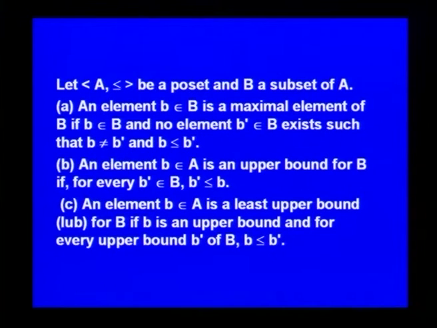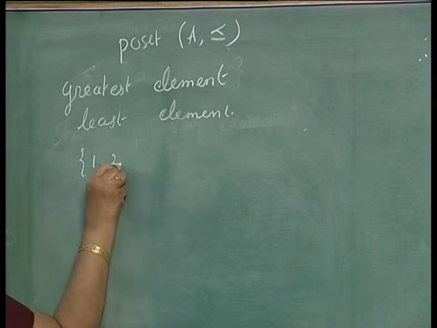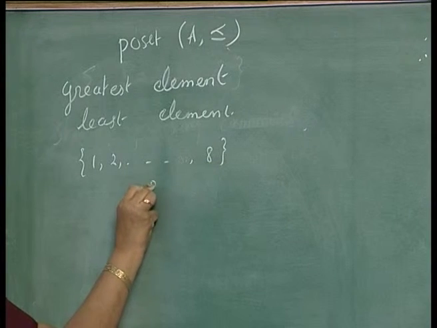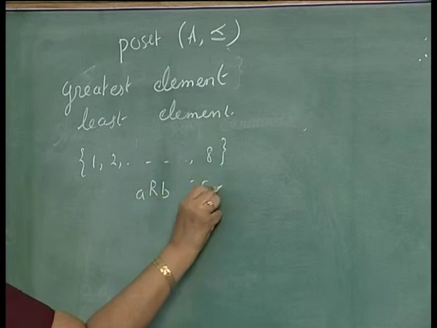Let us take an example. Instead of looking into the definition blindly like this, let us take an example that will make things more clear. Take the set of natural numbers, the integers from 1 to 8, and the relation a R b if a divides b.